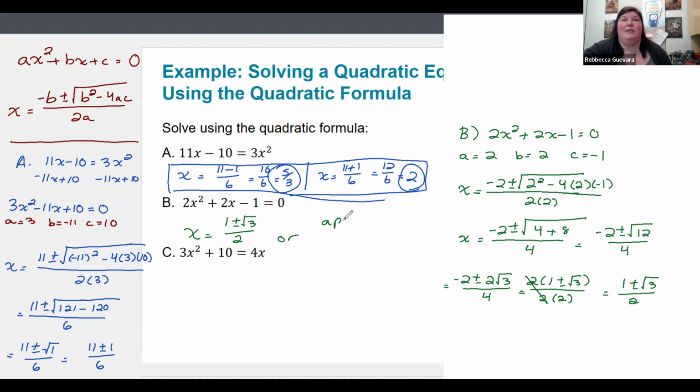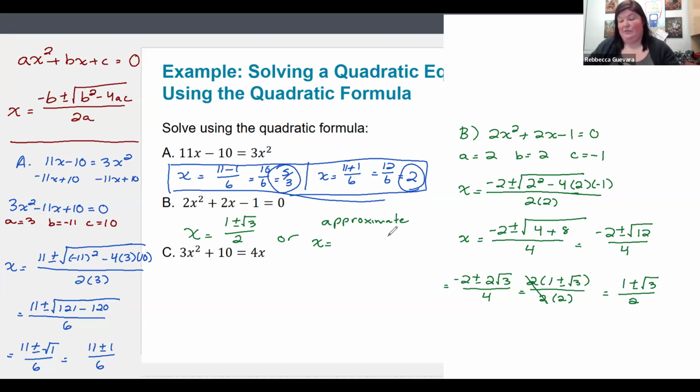Or we can find an approximate answer. In that case, we just stick it in our calculator. Okay, bring my calculator back here. We would have the 1 plus square root of 3, divided by 2.